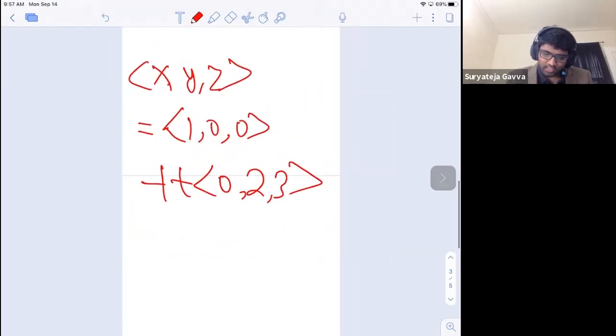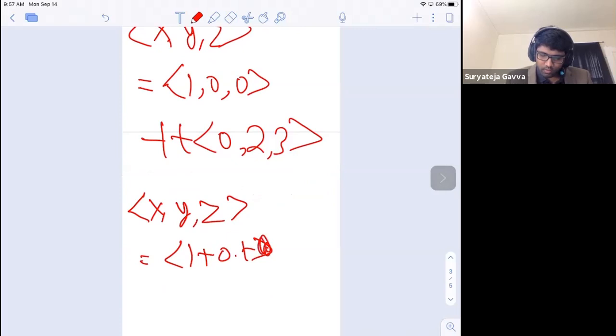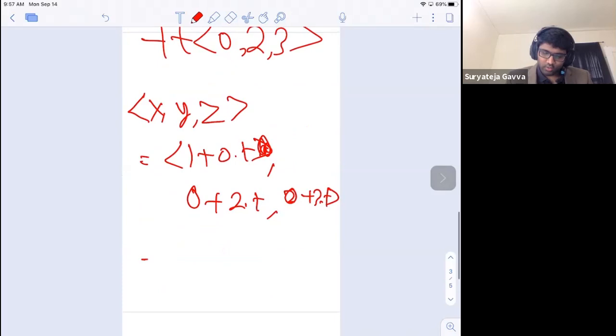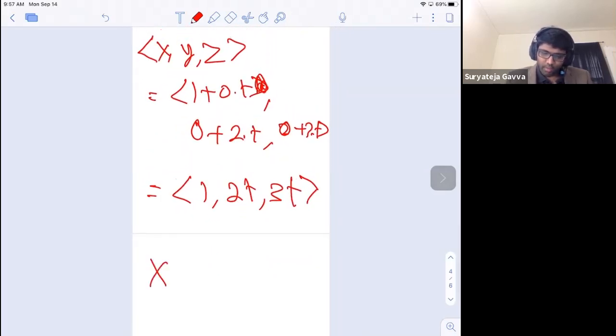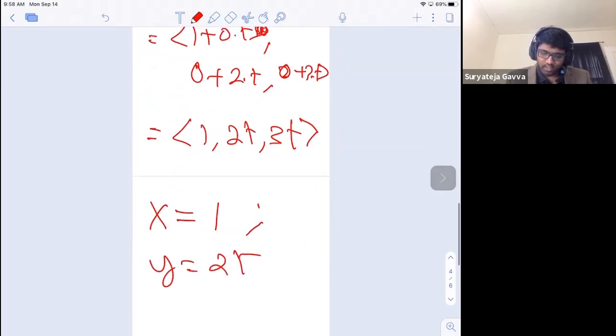Then (x, y, z) equals 1 plus 0 times t, plus 0 plus 2 times t, and the third thing is 0 plus 3 times t. So which is 1, 2t and 3t. Okay, so if you compare, you get x equals 1, y equals 2t, and z equals 3t. So that's the equation of the line.